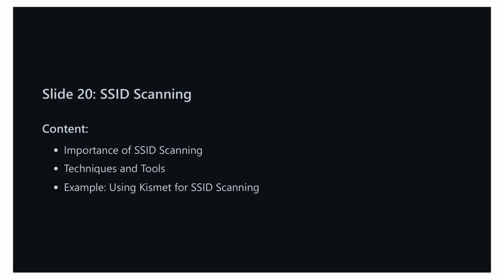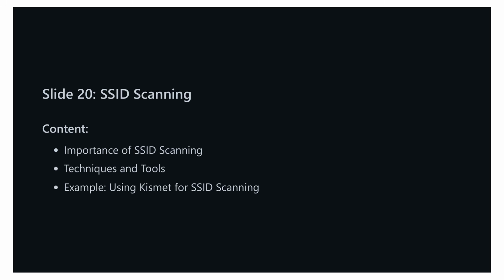For instance, one popular tool is Kismet. Kismet is a network detector, packet sniffer, and intrusion detection system that supports SSID scanning. By using Kismet, you can effectively map out all the SSIDs broadcasted in your area, giving you a comprehensive understanding of the wireless landscape. In the next slide, we'll dive deeper into channel scanning.